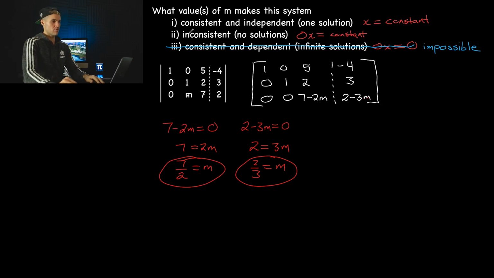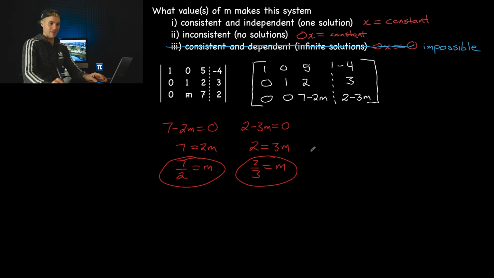Now, what about this second case, this one where we have an inconsistent solution, meaning that there's no solutions, right? So where we have 0x is equal to some kind of constant, well, what value are we going to get as 0 here? 7 over 2, right?